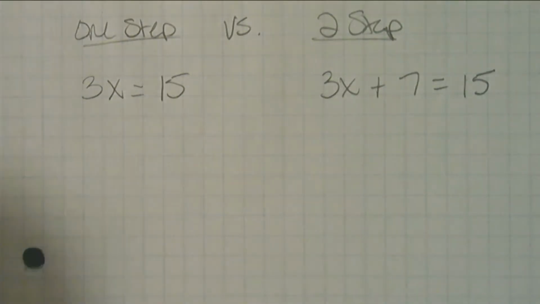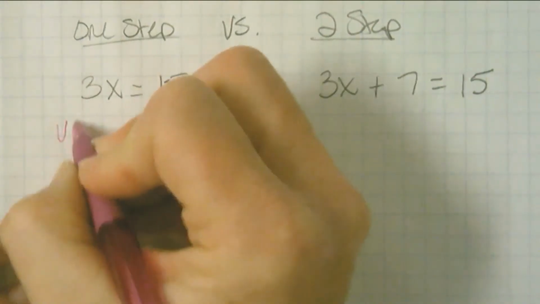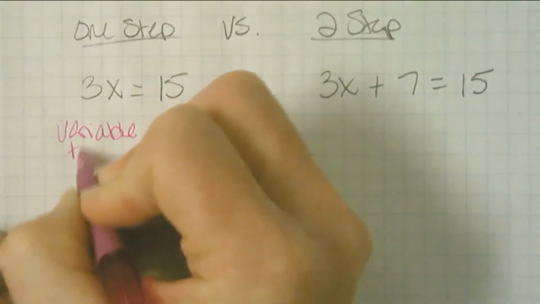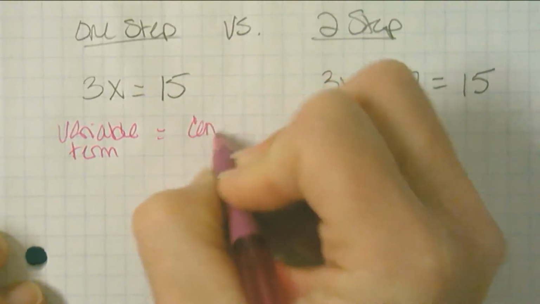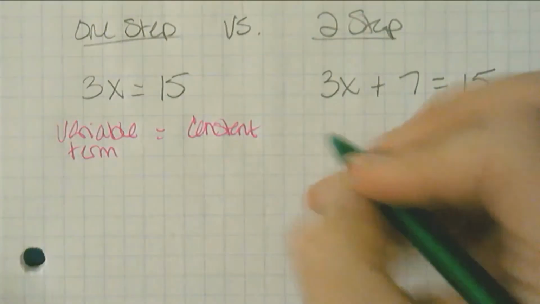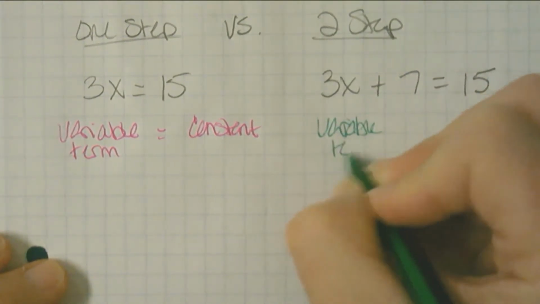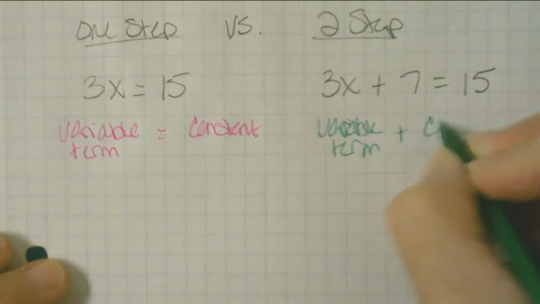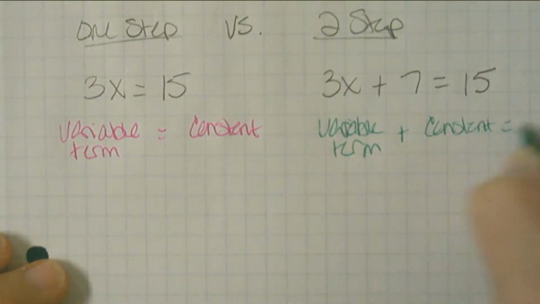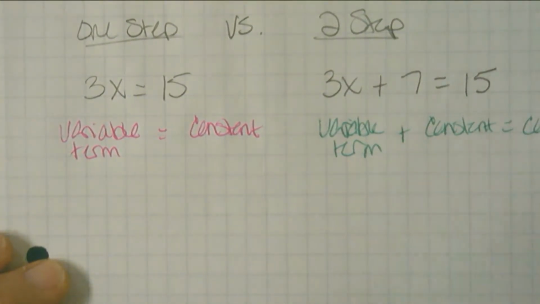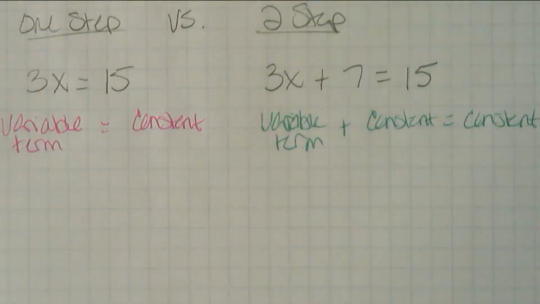So if we take a look at the structure of a one-step equation, we have a variable term equal to a constant. If we take a look at a two-step equation, we have a variable term plus a constant equals a constant. Now the reason I'm breaking this down for you is I need you to understand what we have here.